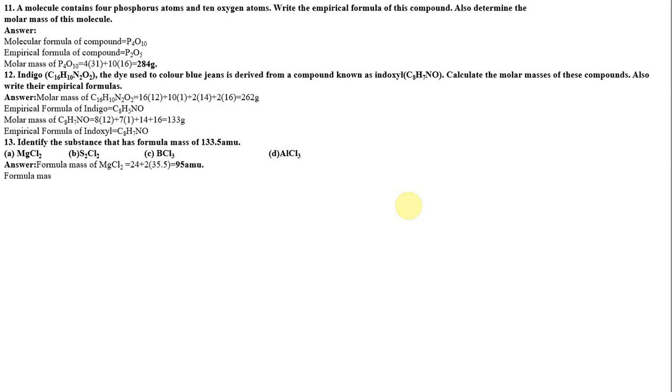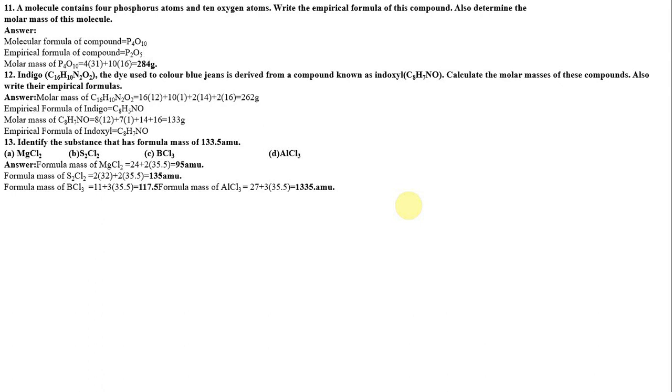Formula mass of H2Cl2 is 135 AMU. Formula mass of BCl3 is 117.5, and formula mass of AlCl3 is 133.5 AMU. So the substance AlCl3 has formula mass 133.5 AMU.